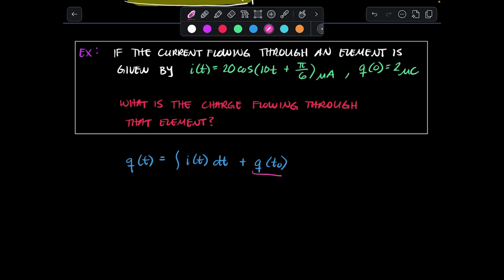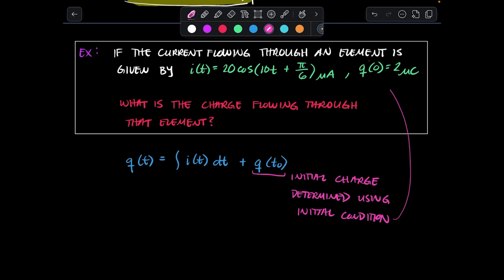Again, this is the initial charge, which will be determined using the given initial condition of Q of 0 equals 2 microcoulombs.